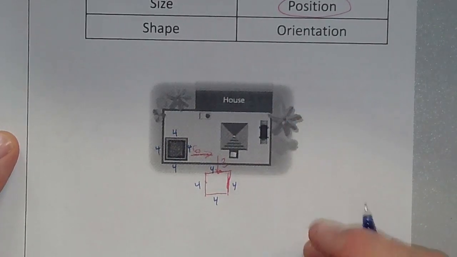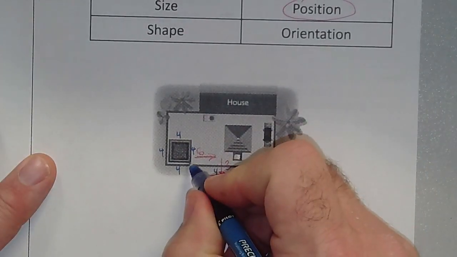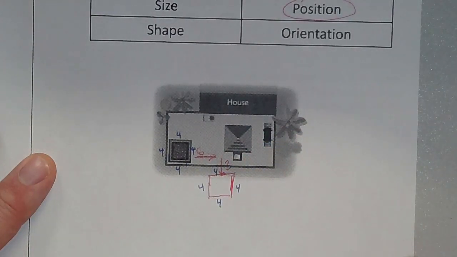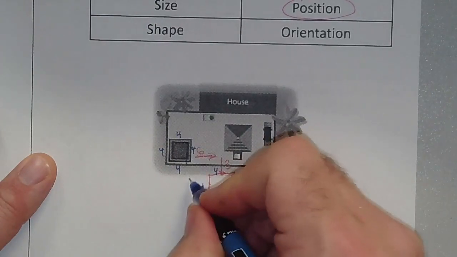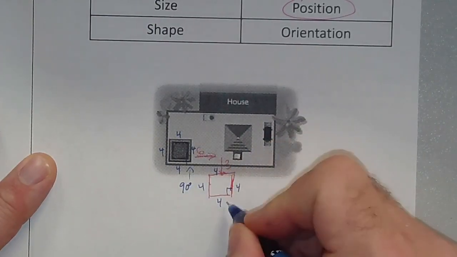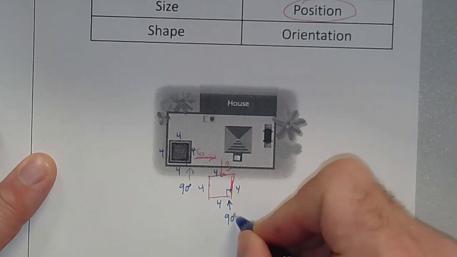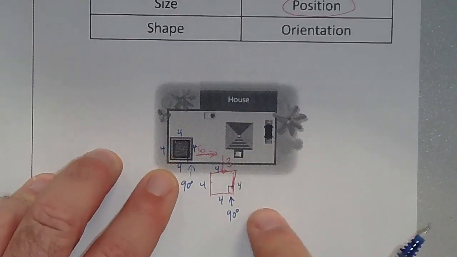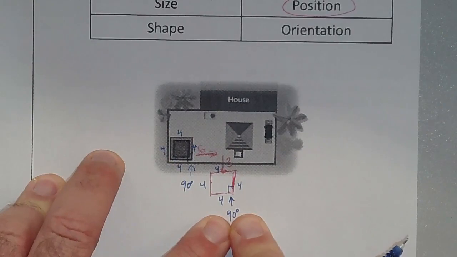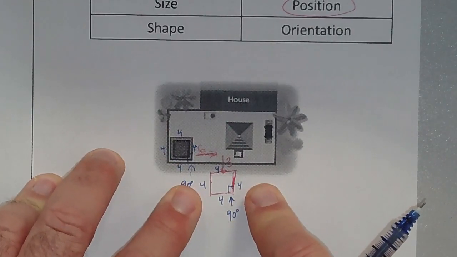What we should also know is that if we look at the angles here, like that angle there and that angle there, they have to be the same. So if this angle right here was 90 degrees, that angle right there has to be 90 degrees because the size and shape didn't change, only the position. All right, so when we move something, the angle measures stay the same, the side lengths stay the same.